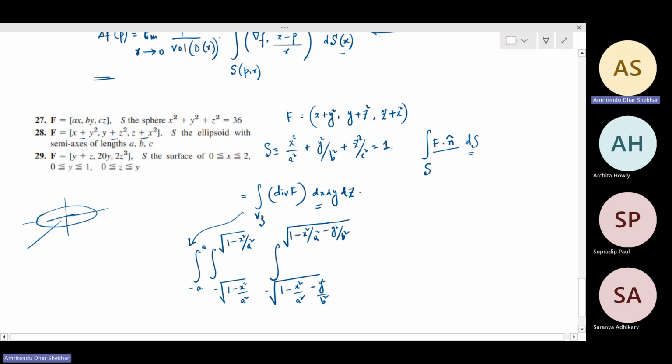And then you compute the divergence of F, which is something you can do.